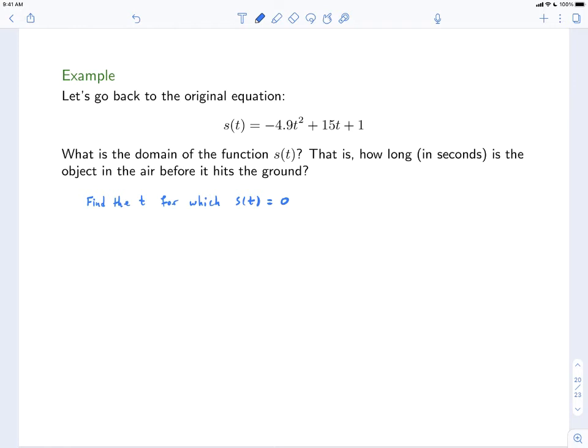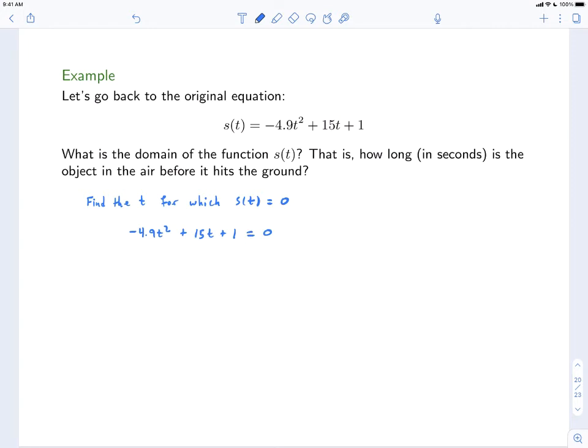Because when s(t) is equal to 0, that means it's on the ground. So we just need to figure out at what time t we hit the ground. So that's easy enough: minus 4.9t squared plus 15t plus 1 equals 0.